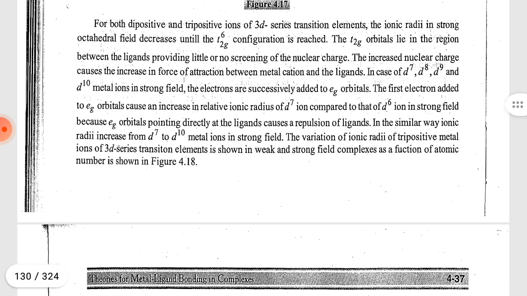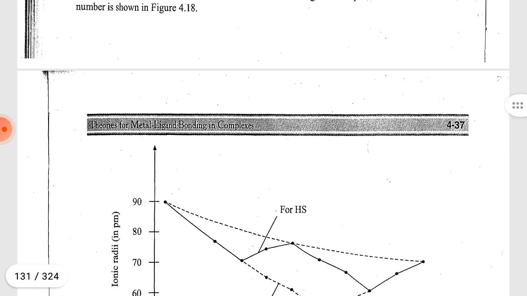In a similar way, ionic radii increase from D7 to D10 metal ions in a strong field. Variation of ionic radii of tripositive metal ions of 3D series transition elements in weak and strong field complexes as a function of atomic number is shown in figure 4.18.